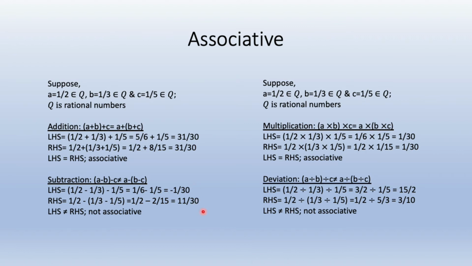So both numbers are not equal. That means rational numbers are not associative under subtraction. We followed the same process for division, and we can see here both sides are not equal. That means rational numbers are not associative under division.